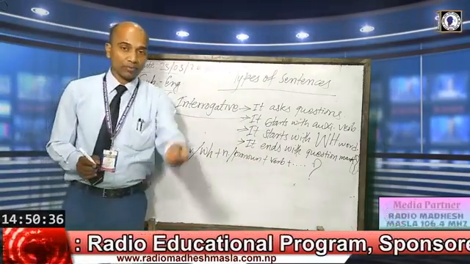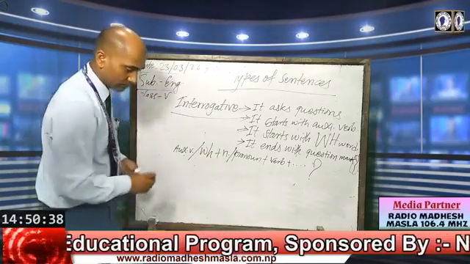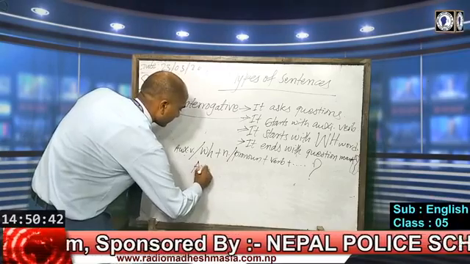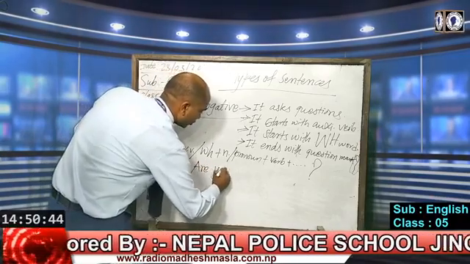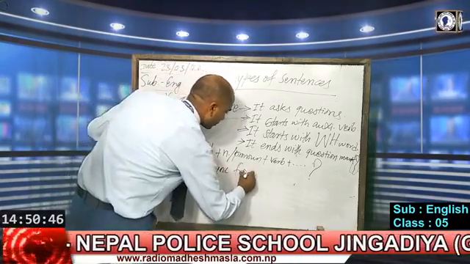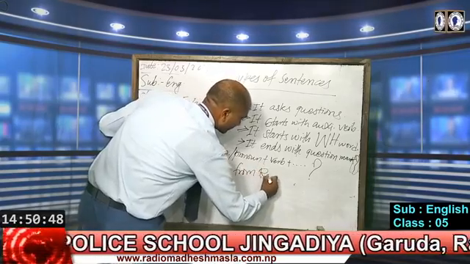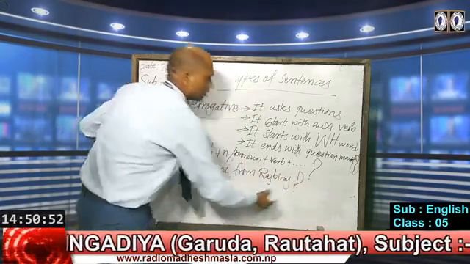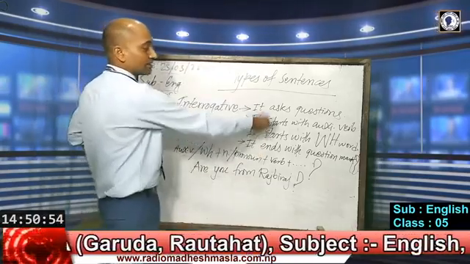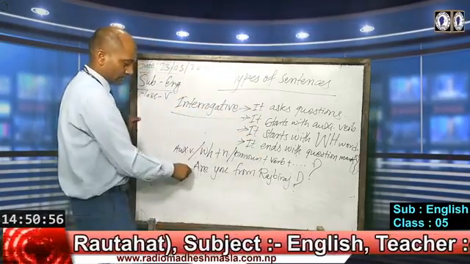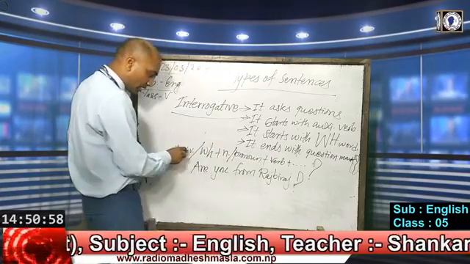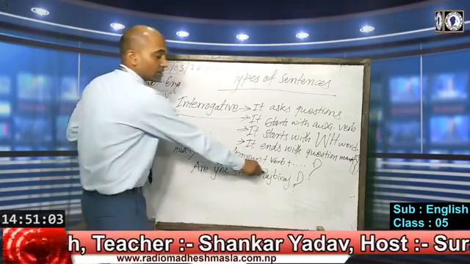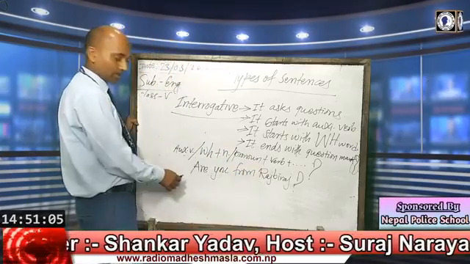Let me give you an example of the interrogative sentence. Are you from Biraj? You can see all these qualities of the interrogative sentence are in this sentence, and this structure is matching with this sentence.